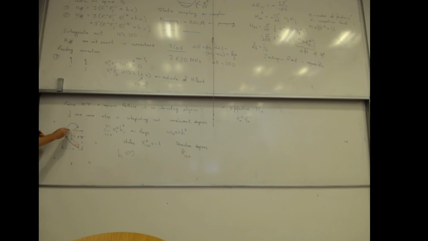Because this first step is here, but then I can go either here or there. So both of these crosses.